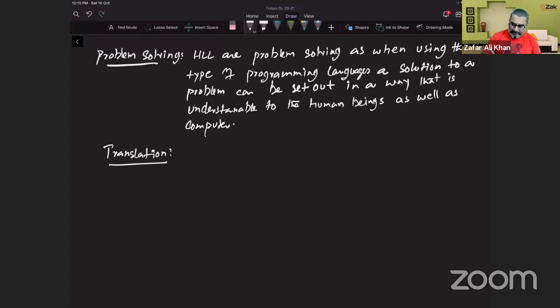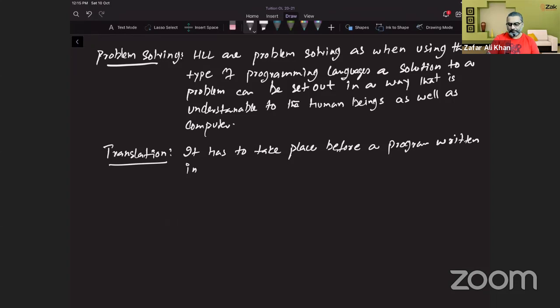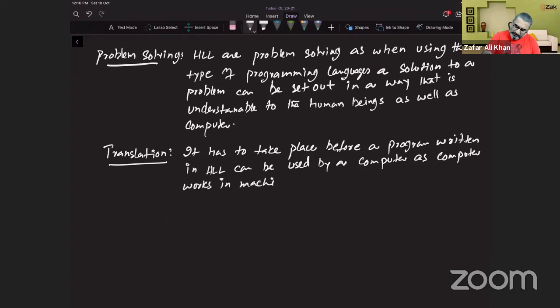So translation has to take place before a program written in high-level language can be used by a computer, as the computer works in machine code.